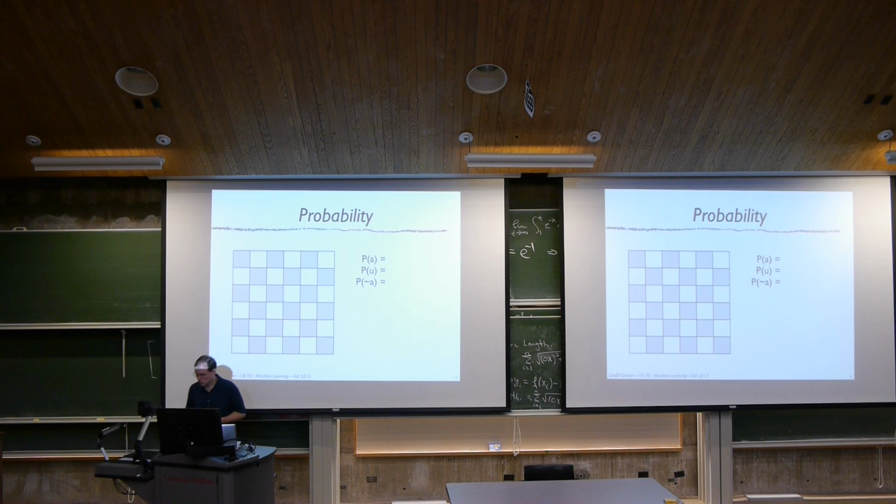All right, so there's going to be some universe U. Here it's the checkerboard, right? And there are going to be some atomic events. So here, this is going to be an atomic event.